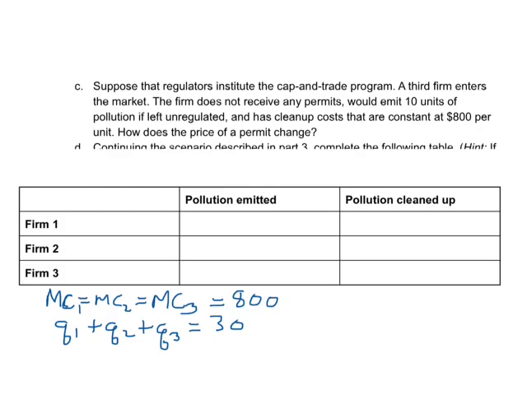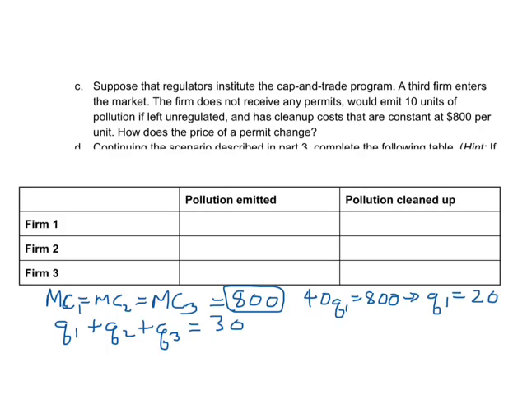We know that all three marginal costs are going to be 800. So we know 40 Q1 is 800. That means Q1 is 800 divided by 40, which is 20.